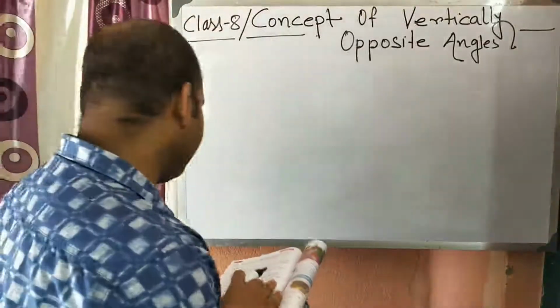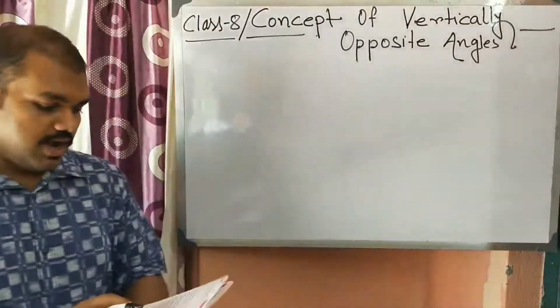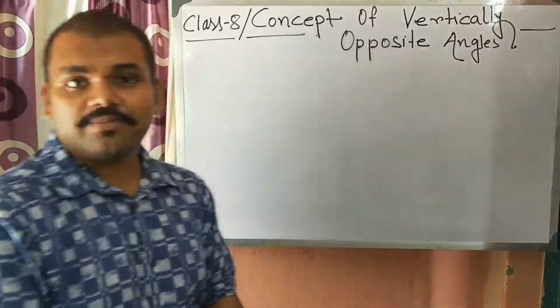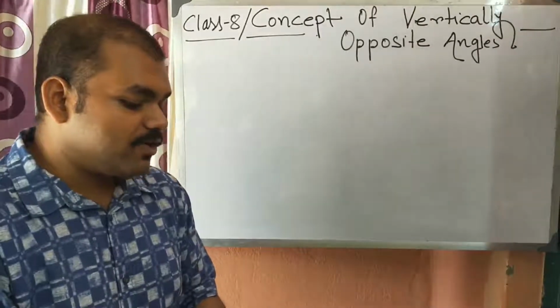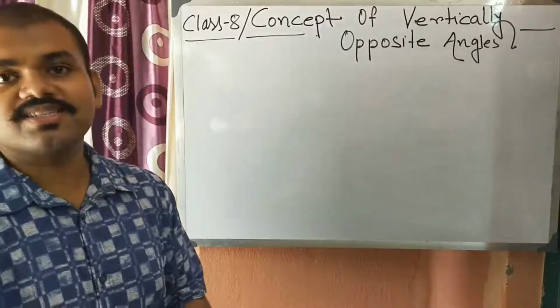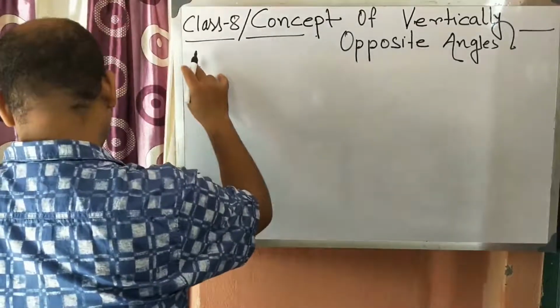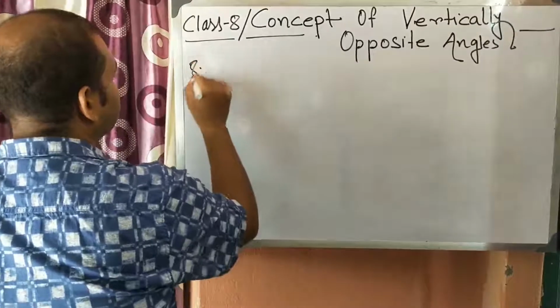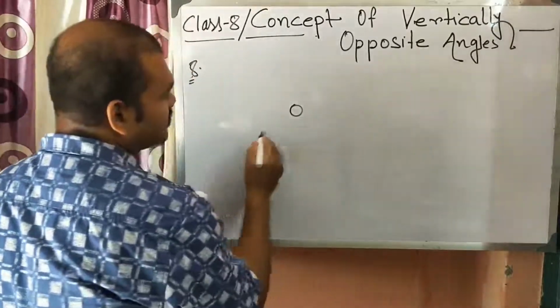In number 8, OP, OQ, OR and OS are the line segments which start from O, and OP and OR are in the same straight line.